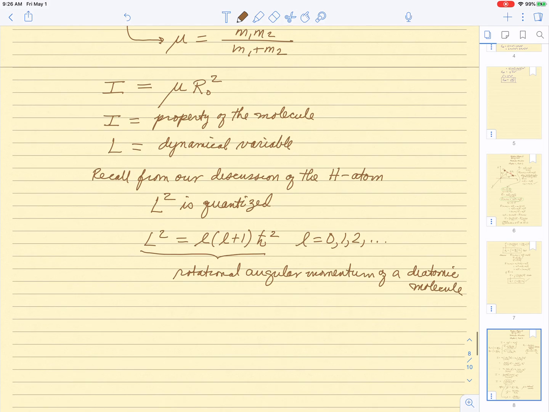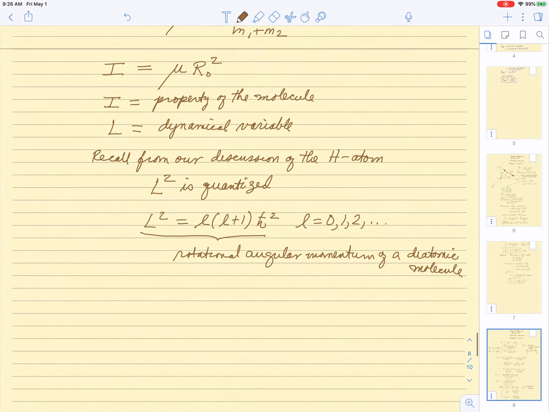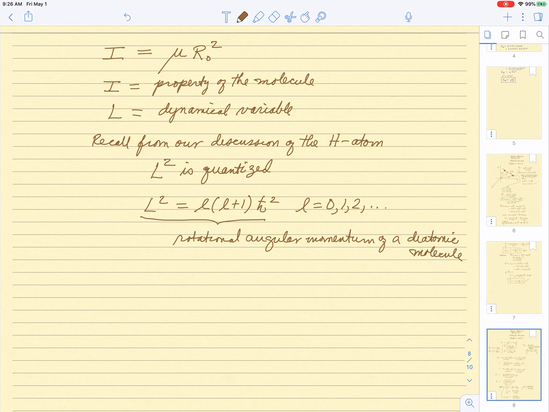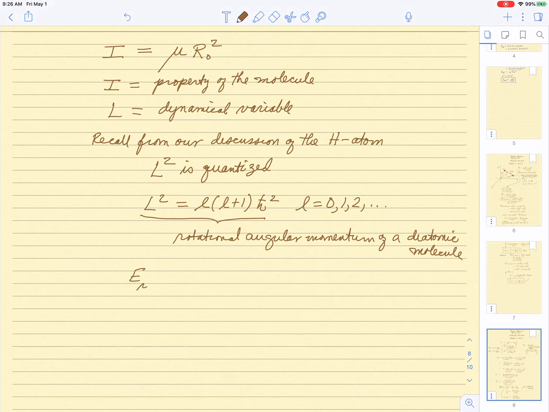Okay, so we're kind of cribbing from what we got from the hydrogen atom, but at the end of the day it works, right? So the energy now for rotation, which we arrived at earlier, was L squared over 2 times the rotational inertia.